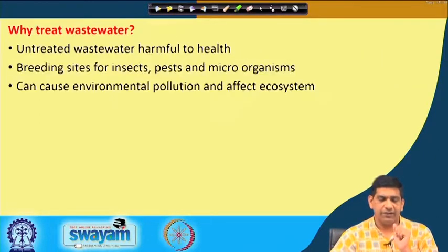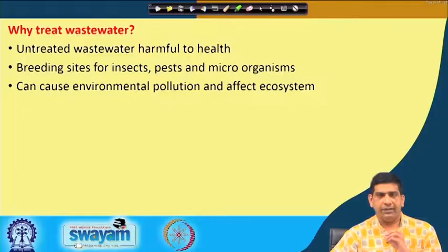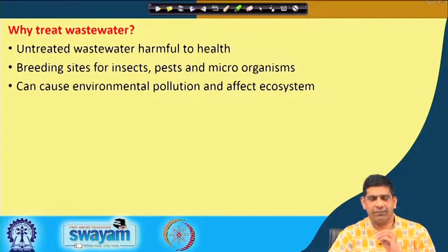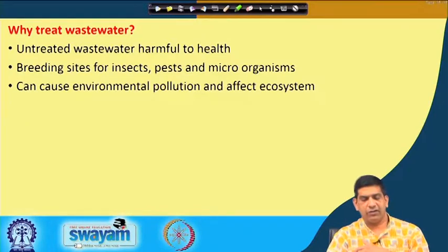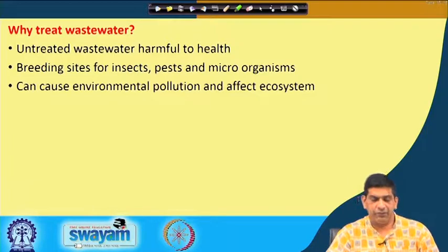In terms of wastewater treatment, it's essentially removing organic matter, pathogens, bacteria and all that. Why do we treat wastewater? Because untreated wastewater is harmful to health, provides breeding sites for insects, pests and microorganisms, and can cause environmental pollution and affect the ecosystem.